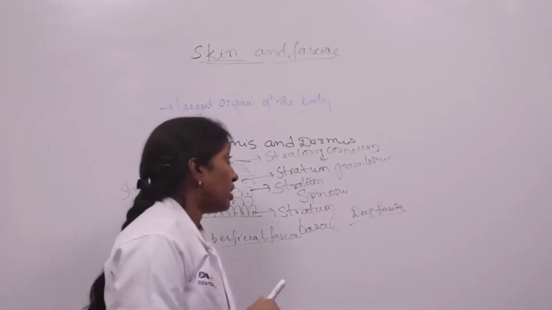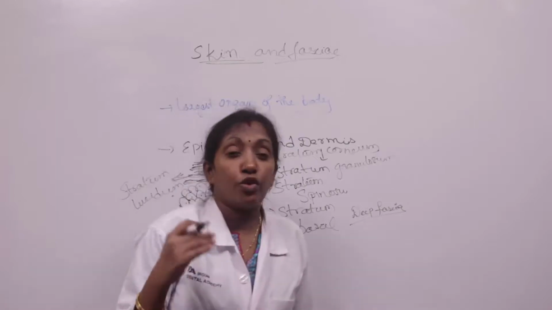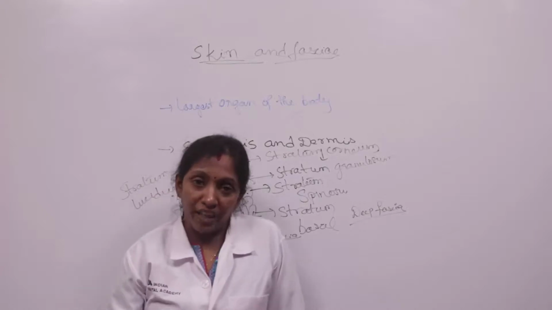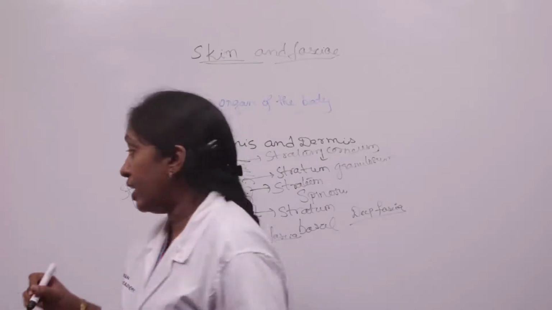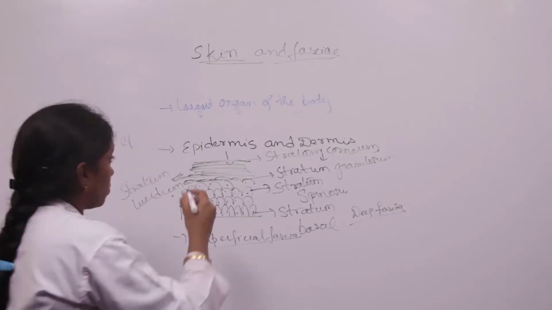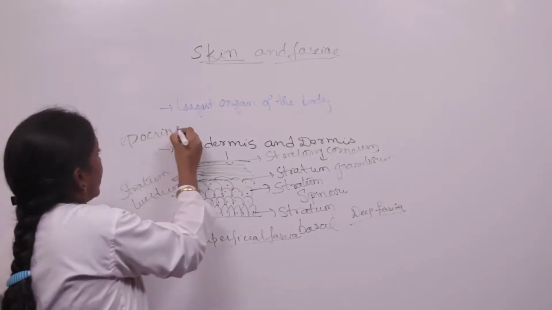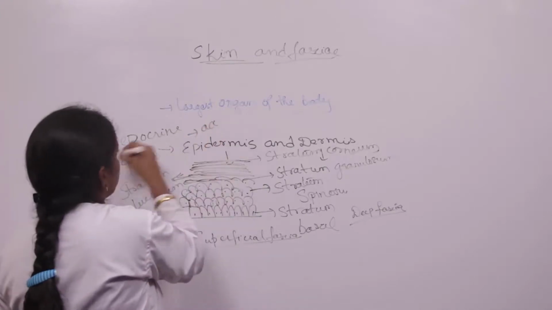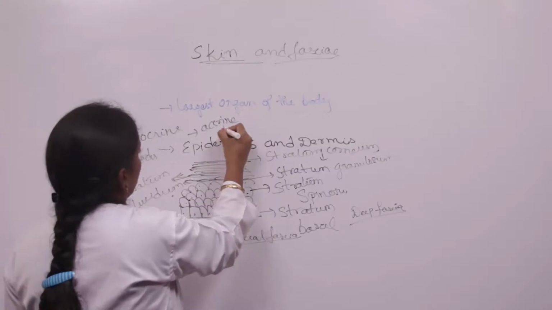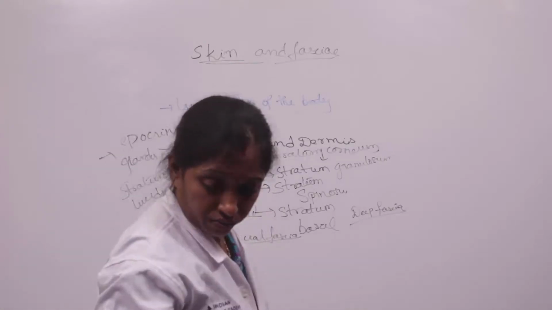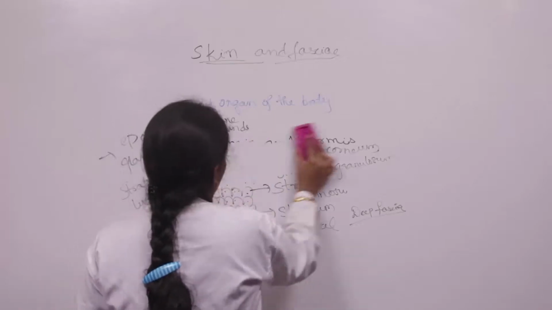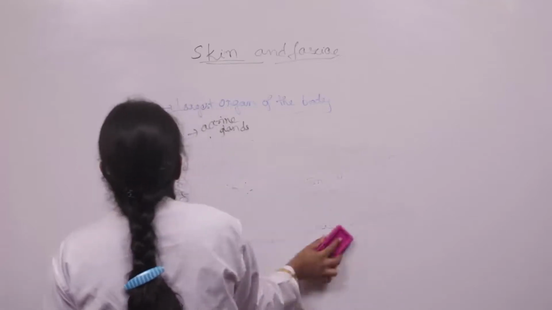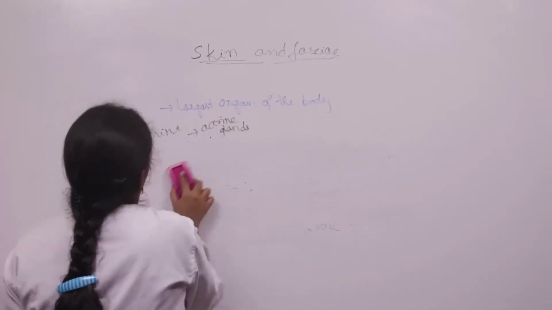One more thing is about the sweat glands. The sweat glands are of two types, eccrine glands and apocrine glands.